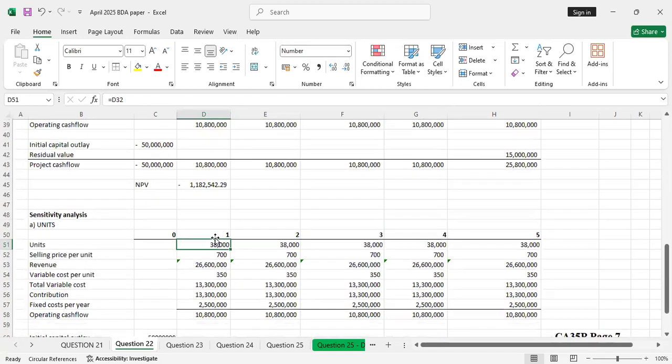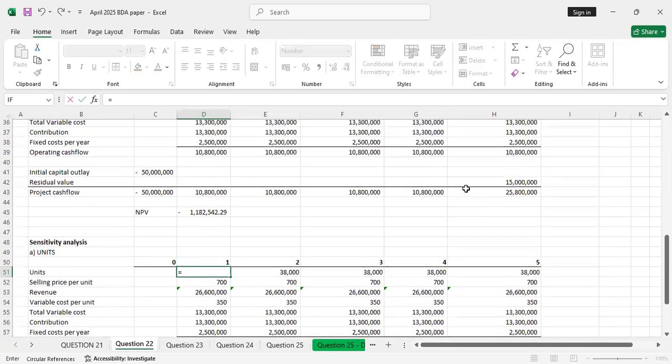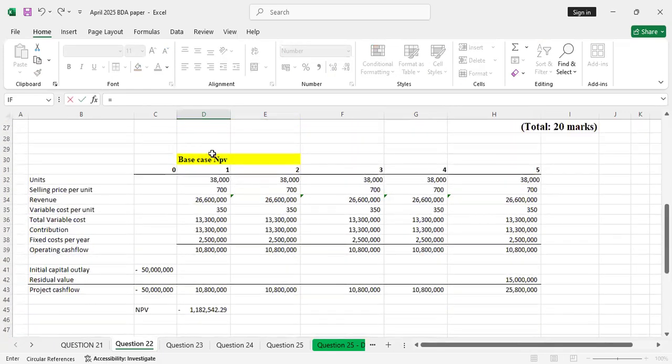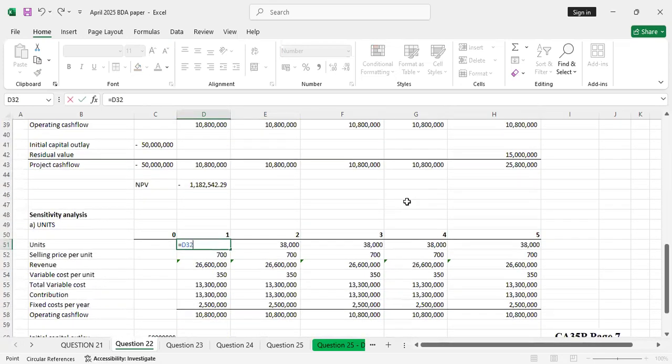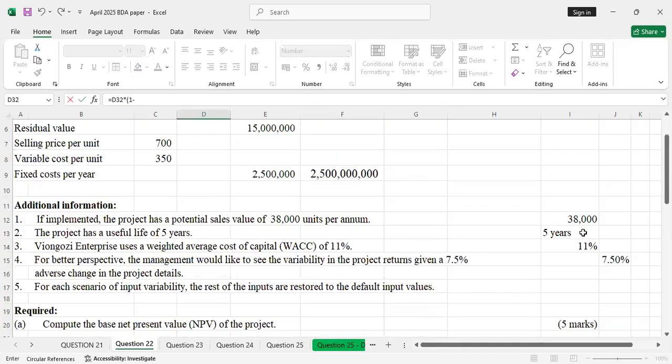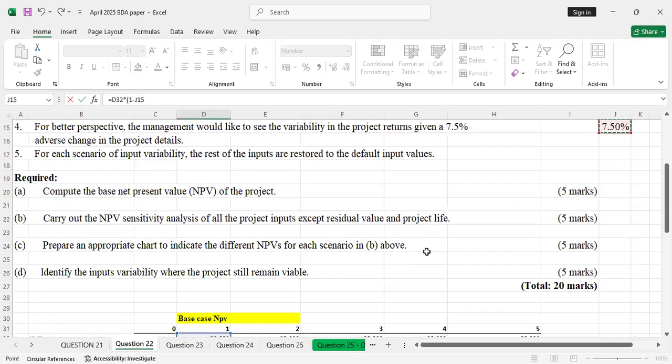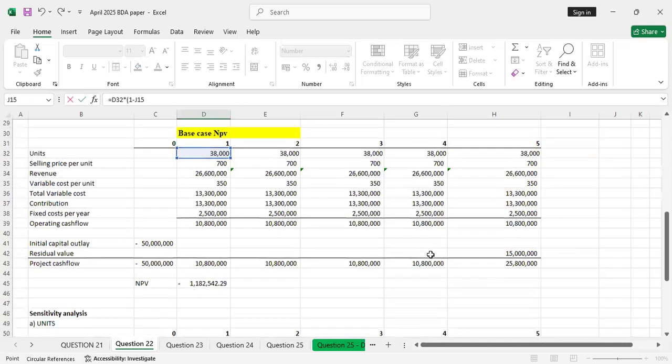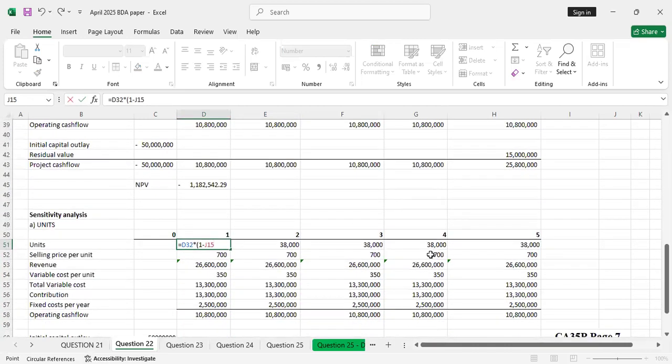I'll come here and say equals to, you go to the base case. The base case was that. I'll multiply by bracket 1 minus, because it's reducing by 7.5%. Units will always reduce when they are adversely affected.